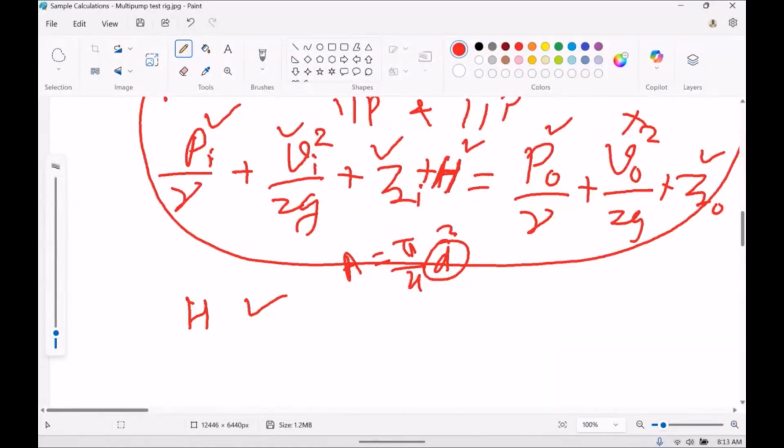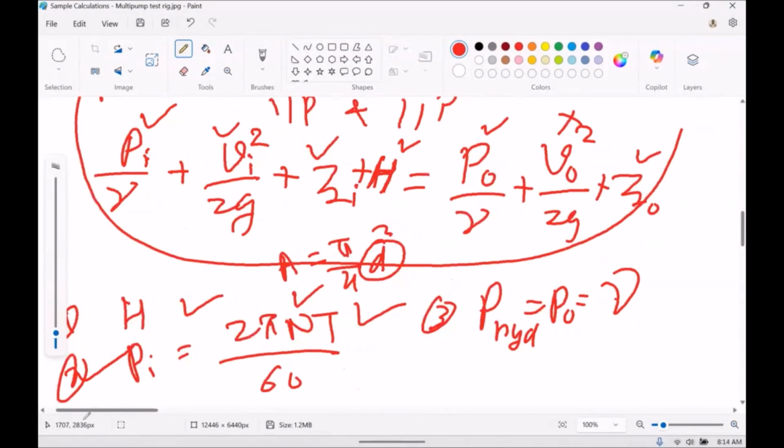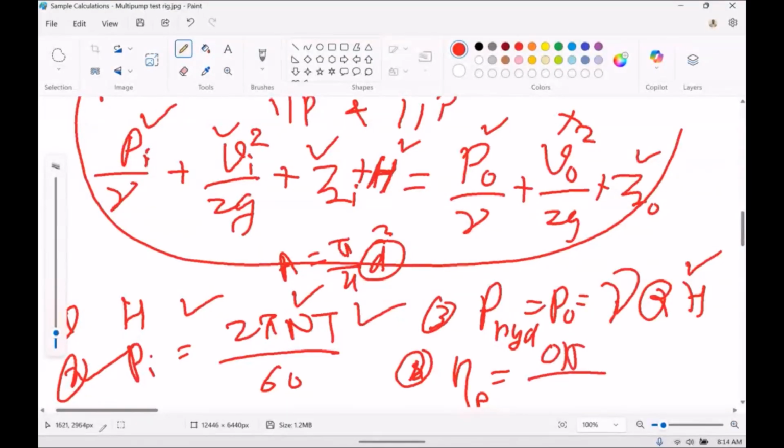Once we know the head, we can find the power input, which is 2 pi NT by 60. Here RPM we measured and torque we measured, so we can find the power input very easily. Number 3, we need to find the hydraulic power, that is the output power, which is gamma Q H. Q we measured and gamma is a property, so we can find the hydraulic power. As the last step, the efficiency of the pump is given by output by input.